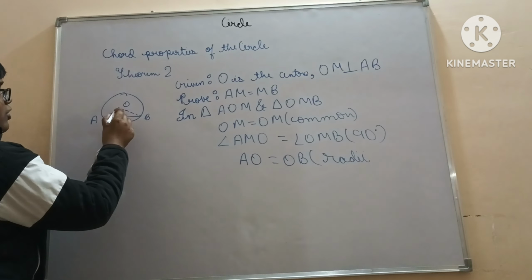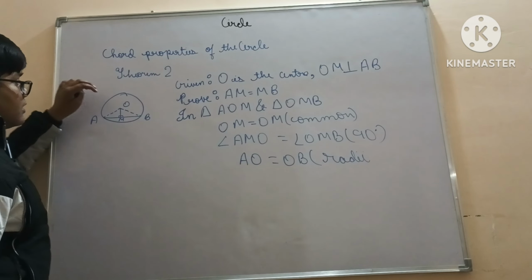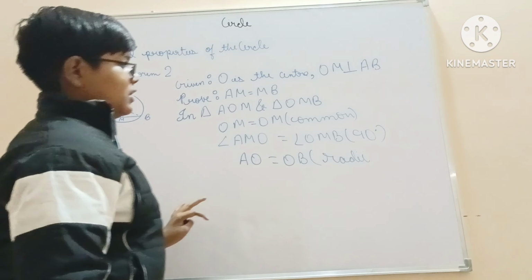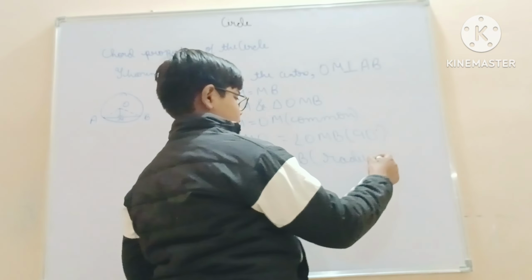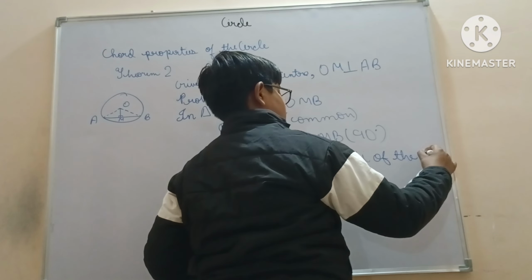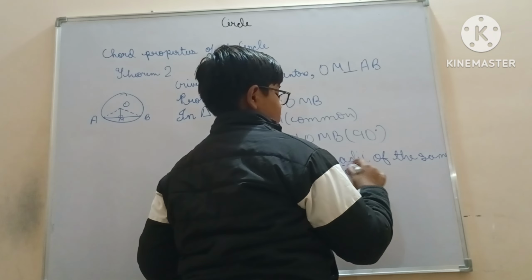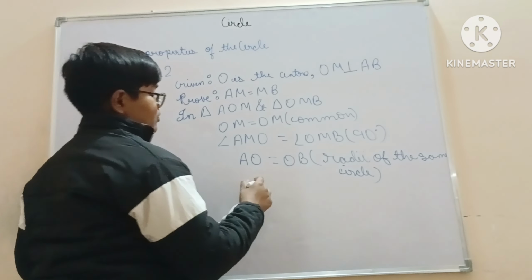It means that any line drawn from the center in any direction, if it is touching the boundary, that line is a radius, and the radii of the same circle are equal. As they are on the same circle, they will be equal. OA is equal to OB.